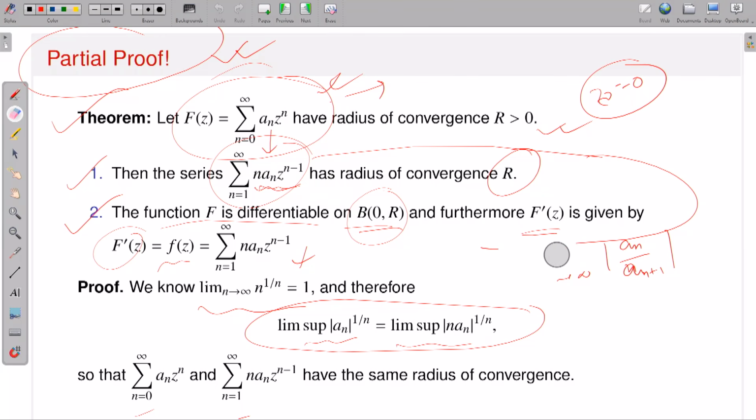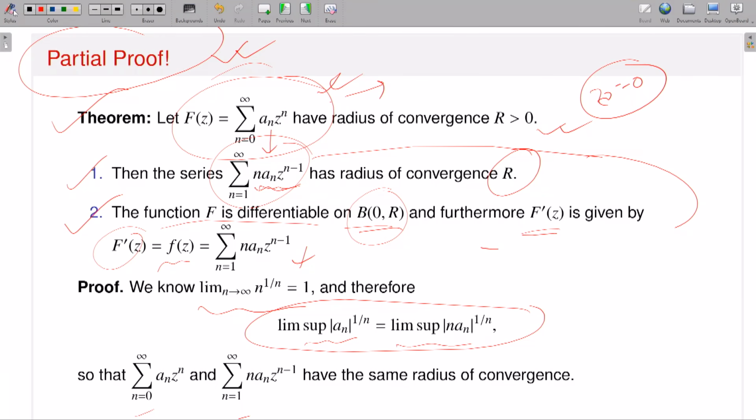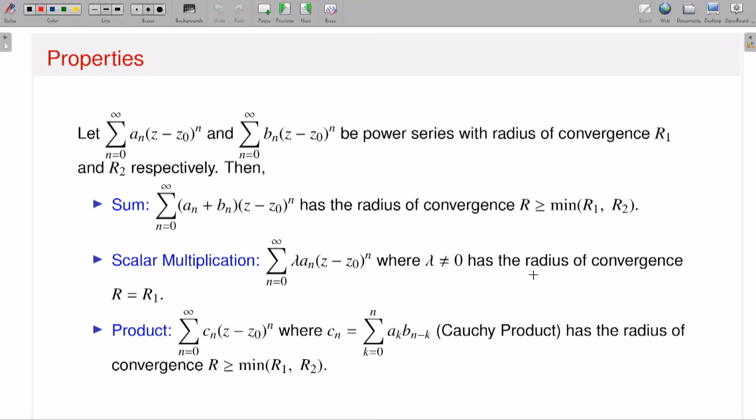Okay, so maybe I will just write it. Therefore, if the radius of convergence is r prime, what is the coefficient? The given power series has coefficient a n, and the new power series has coefficient n a n. So what is your radius of convergence? If I write 1 by r prime, it is the lim sup of the coefficients.